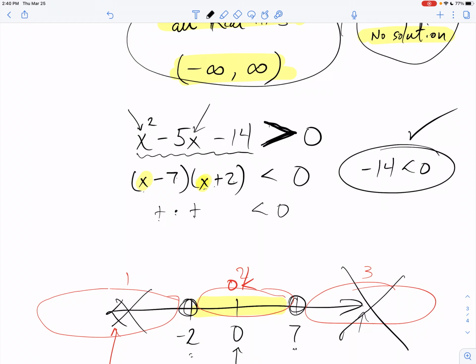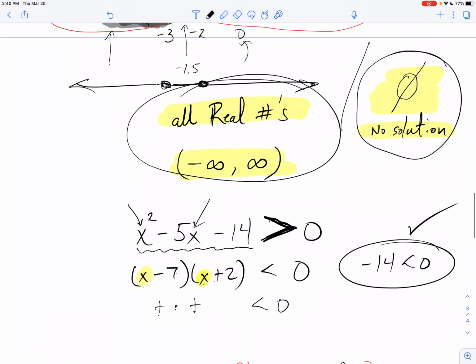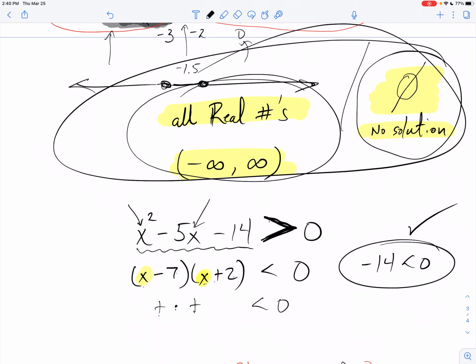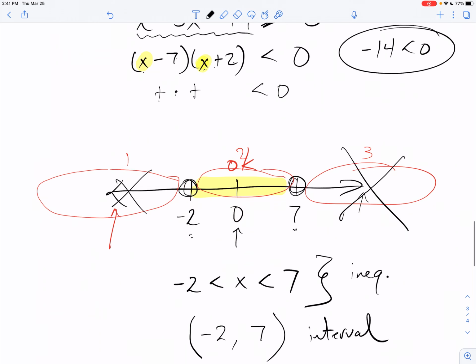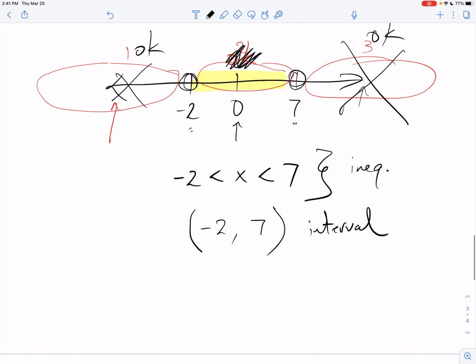If you have everything on one side, 0 on the other, you're going to have an innie or an outie, or one of these special answers. But if it's an outie, guess what? This stuff would have been poopy, and this stuff here would have been okay, and this stuff here would have been okay. Well, how do I write that kind of statement?